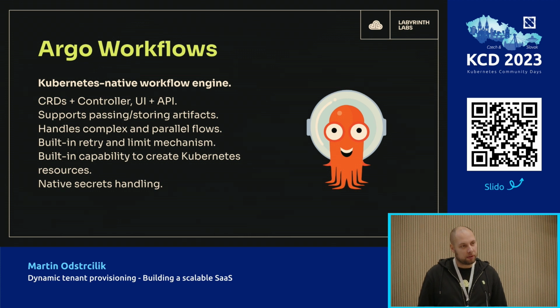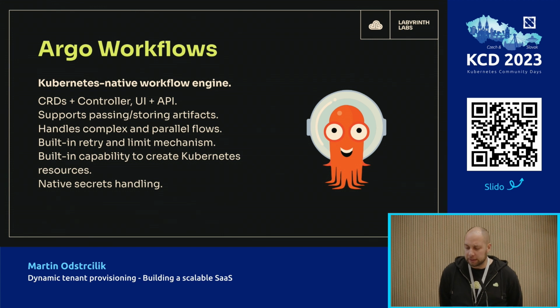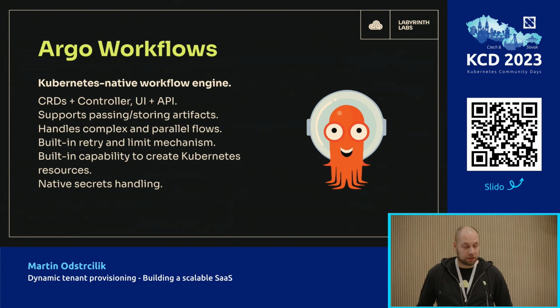So for the workflow piece, we have chosen Argo Workflows, as I mentioned previously. What it basically is, is a bunch of CRDs in Kubernetes and a controller that reconciles them. And there is a UI and API layer.